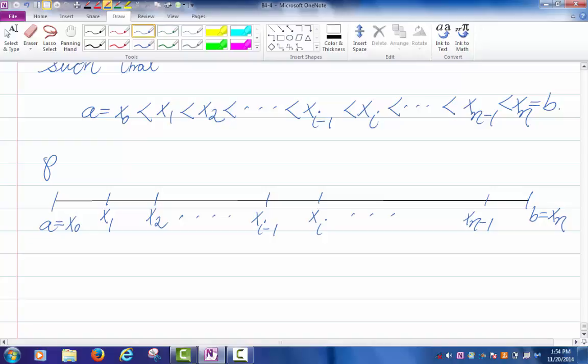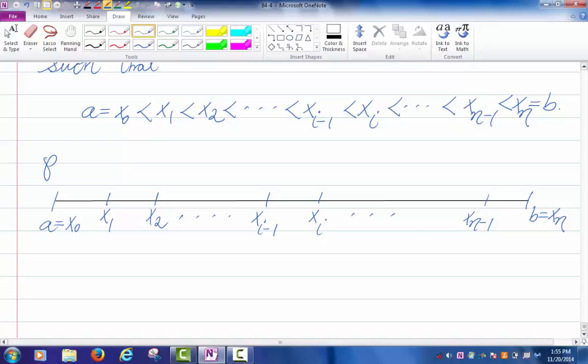So let's do a mental check. Suppose I have the interval from A to B, and I have only four partition points. One of them would be A, the other one would be B, and there are 2 interior partition points. If I have 4 partition points, how many subintervals do I get? 3.